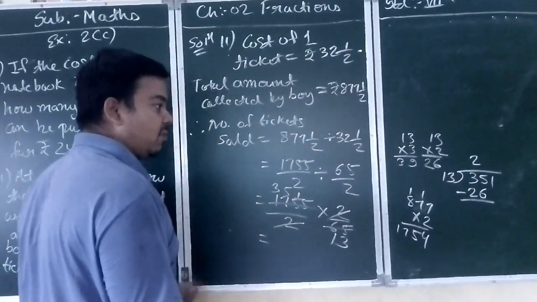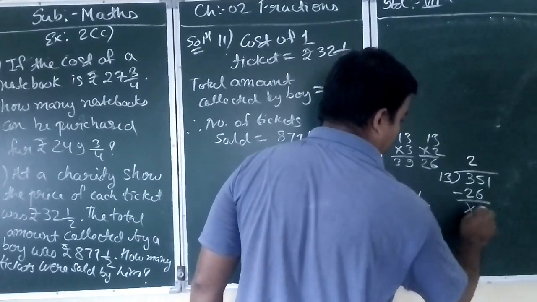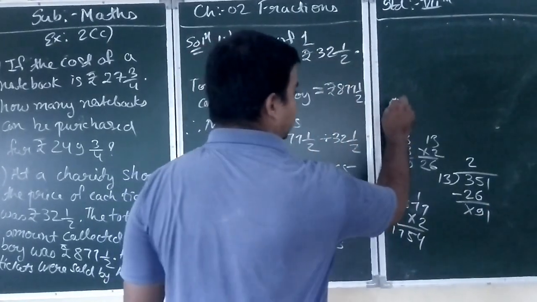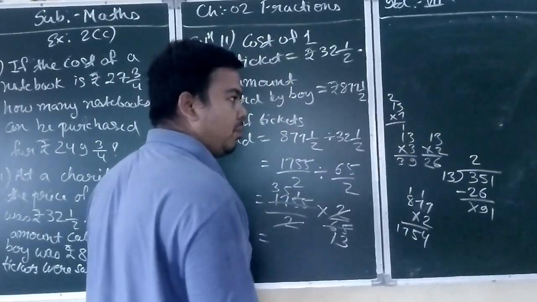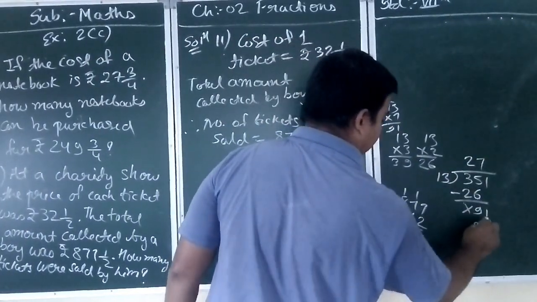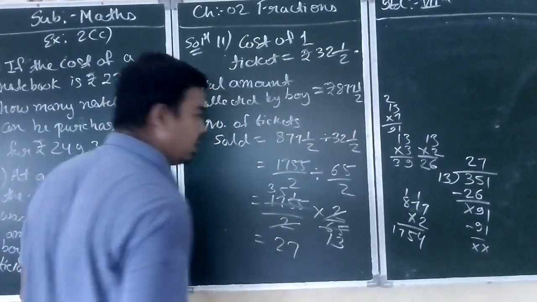Subtracting, 35 minus 26 is 9, and bring down 1, 91. 13 times 7 is 91. So 27.